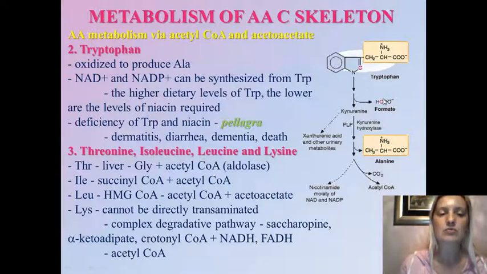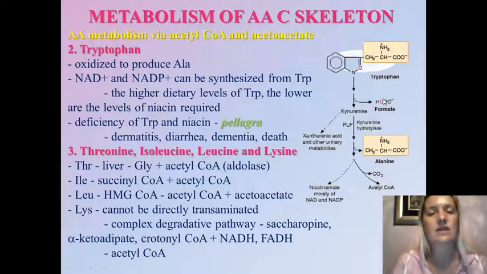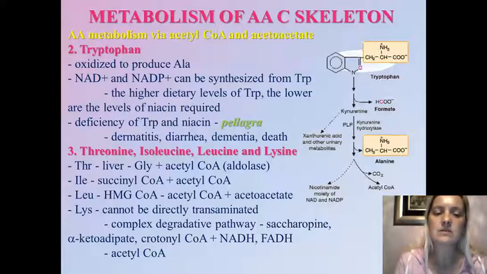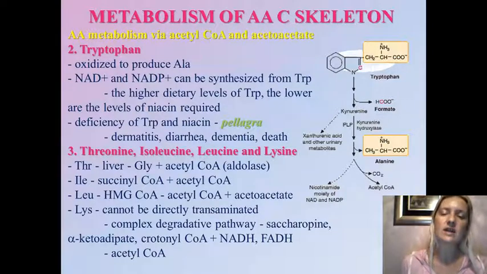And there is the rule: the higher the dietary levels of tryptophan, the lower the levels of niacin required. Deficiency of tryptophan and niacin arises in the disorder called pellagra, and the major symptoms are dermatitis, diarrhea, dementia, and finally death. And we have the third group of ketogenic amino acids.